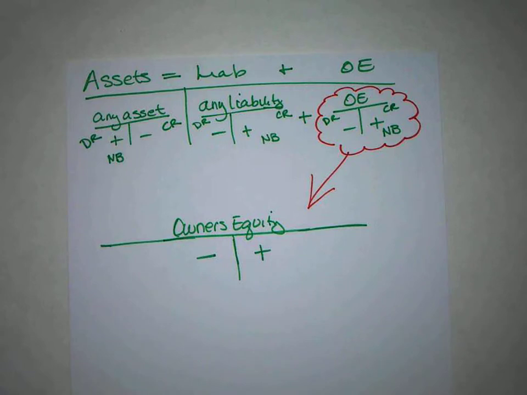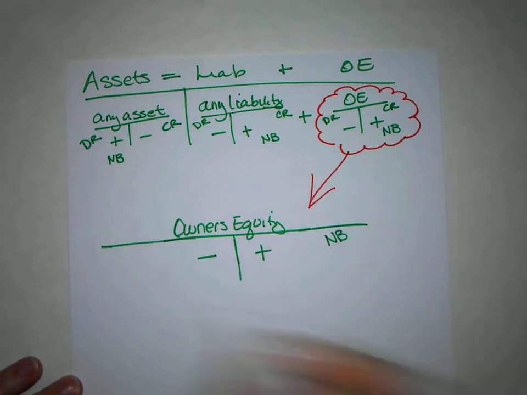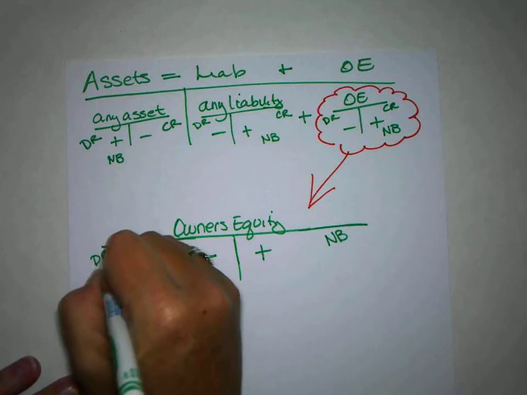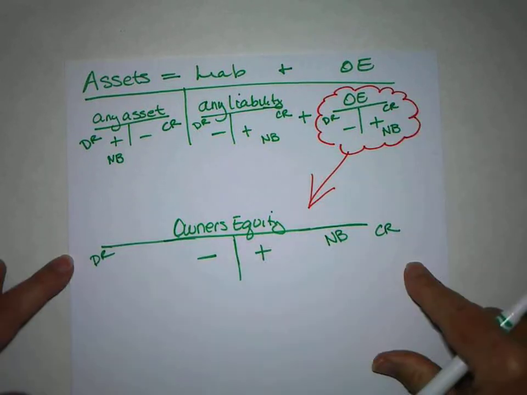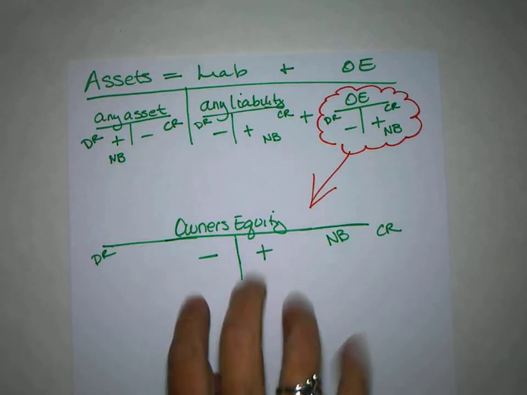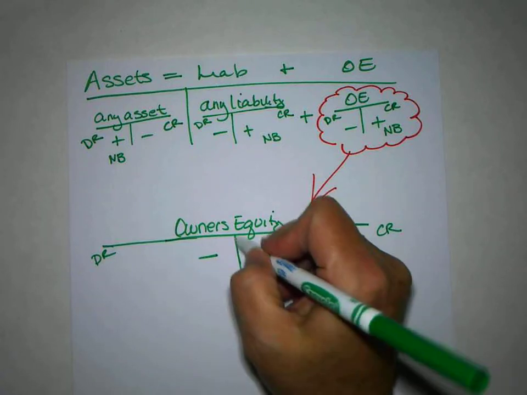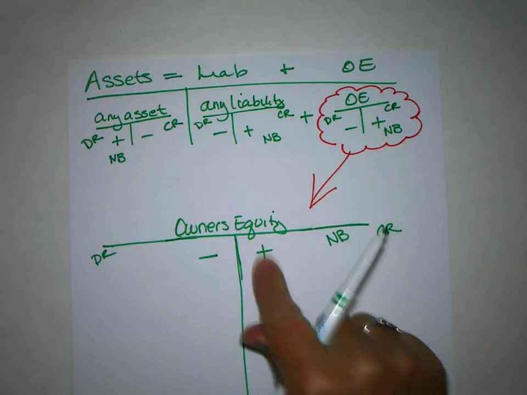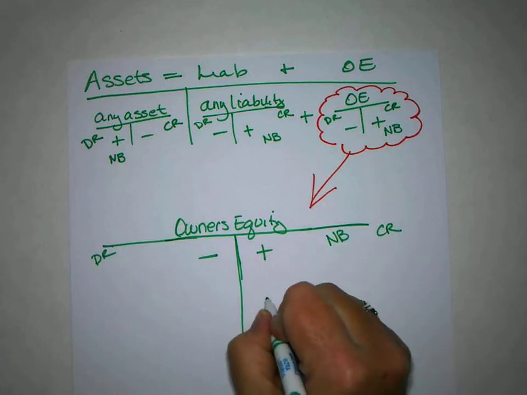This is what we're looking at. This of course is the normal balance side. This is a debit, this is a credit. So we're just taking that, expanding it here. Now we're going to look at the things that increase and decrease owner's equity. So here's our T. Things that increase owner's equity is basically revenue.